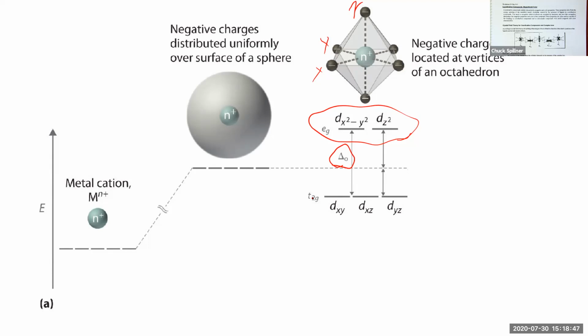So the splitting for an octahedral complex, because these ligands come right in, varies a lot depending on the ligand, and it varies a lot depending on the metal ion. The higher the charge on the metal ion, the greater the electrostatic interaction, the closer the ions come, because there's a greater pull for the negative charge.